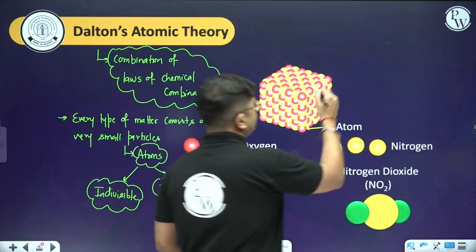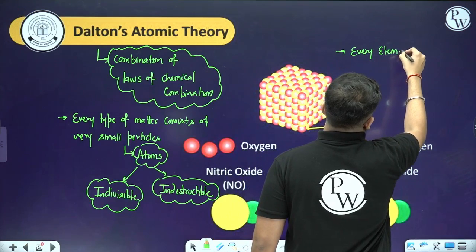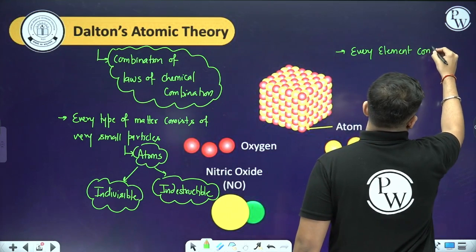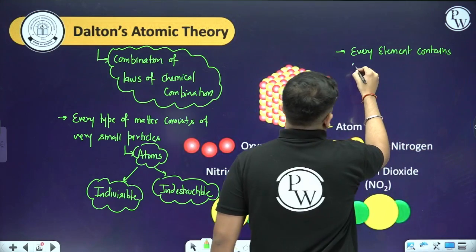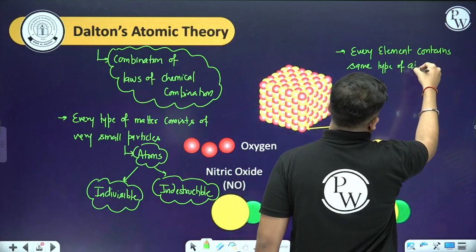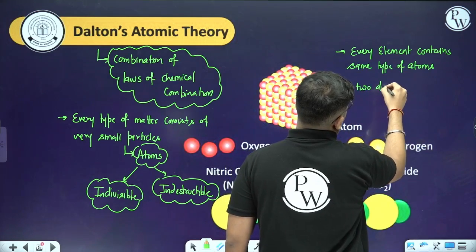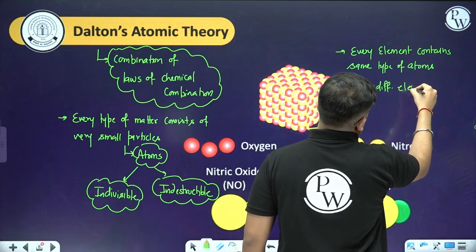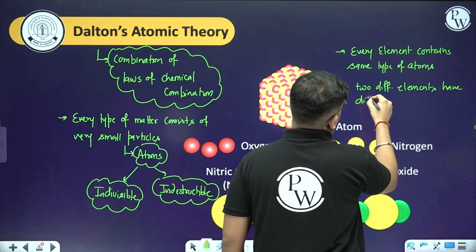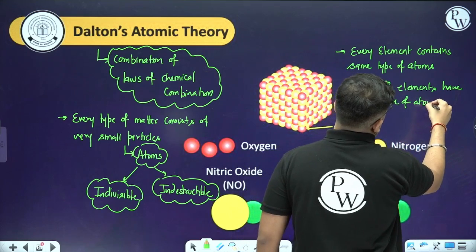So the second postulate is: every element contains the same type of atoms, and two different elements have different types of atoms.